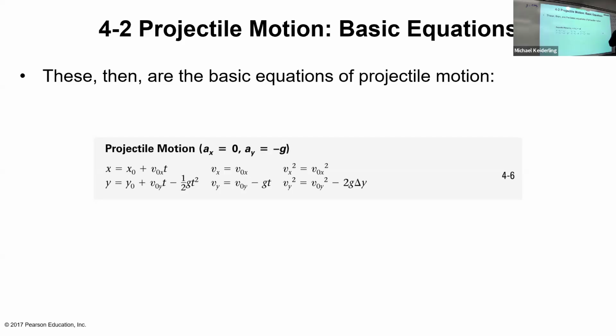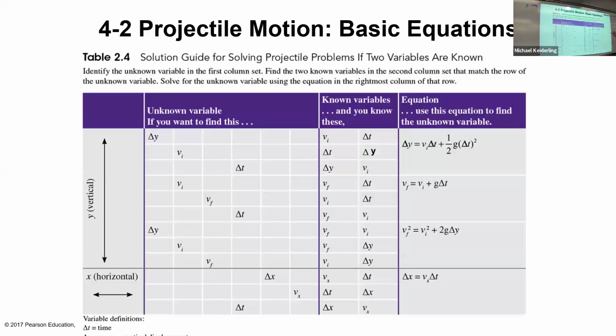So these are the equations. And if you write them with delta x and delta y, you can use this chart to figure out which equation to use given what you want to find. If you're looking for delta y and you know initial velocity and time, then you can use this equation. If you're looking for delta y, you know final velocity and initial velocity, then you can use this equation.